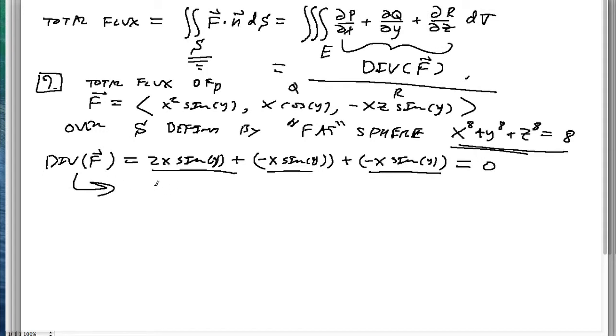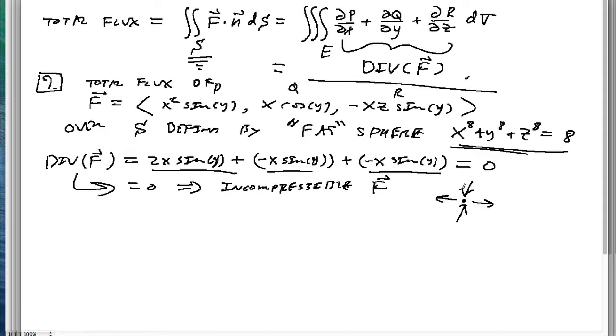So recall that when we have a divergence equal to 0, it implies that we have an incompressible F. So if F is the velocity field of some fluid, that means that for every component coming into some point, there's also the same amount leaving.